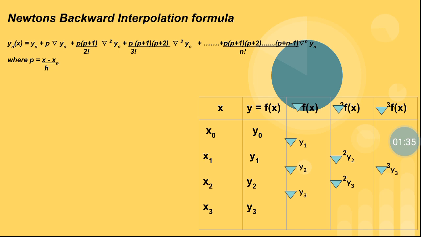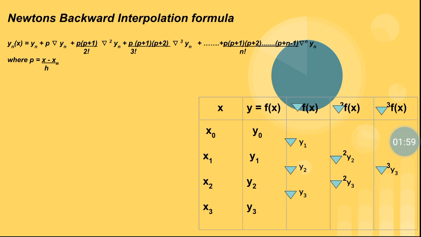So yn plus p del yn, plus p into p plus 1 upon 2 factorial into backward del 2 yn. The value of p is x minus xn upon h. H is again the difference, x1 minus x0 and so on, and the value of xn here in this table will become x3.